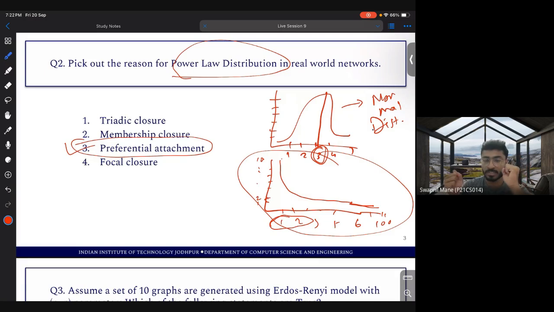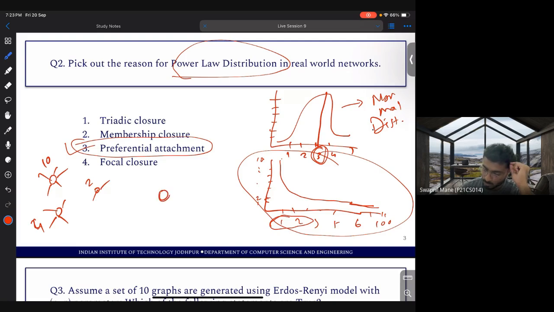Suppose a new node comes into the picture, and let's take a node with 10 degrees, and there are some other nodes with 2 or 4 degrees. The new node comes, so it will connect to this node, possibly most of the time. And then this node's degree increases to 11.